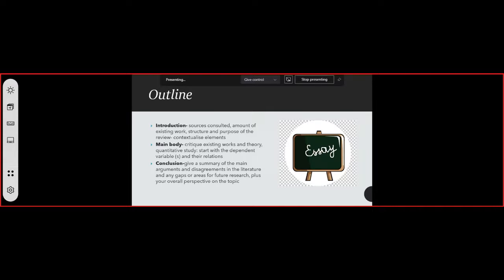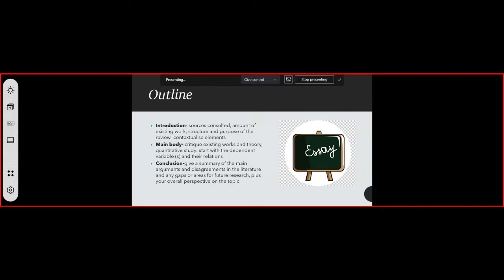we'll be talking a bit later more extensively about the main body of your writing up, but you will typically find your critique of the existing works or theories, whether you use quantitative, qualitative, or thematic presentation.